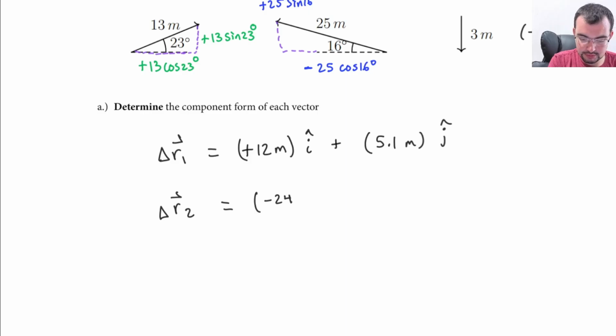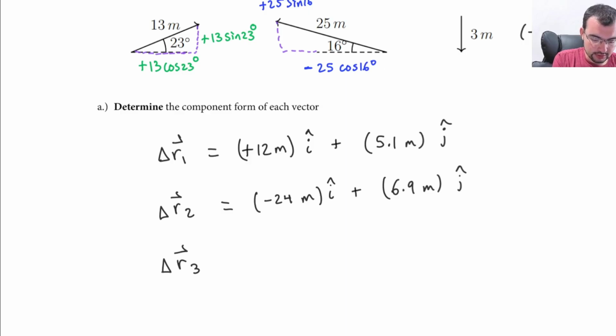Negative 24 meters i hat plus, it is plus because it's going up, 25 sine 16, which is 6.9 meters j hat. And then delta R3, well, that's just 3 meters down. So there's 0 i hats, and then there's -3 meters in the j hat.